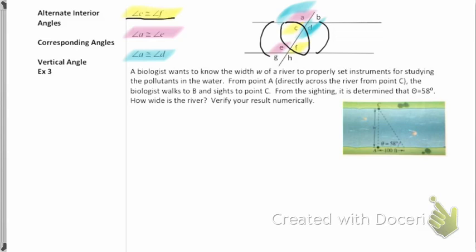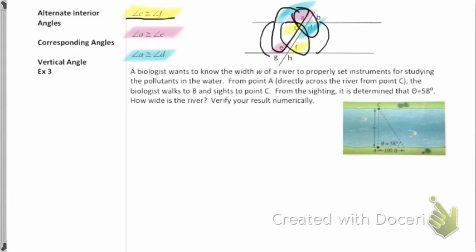Angle A is congruent to angle E. Angle A is corresponding to this angle, and corresponding angles are congruent. Angle A is congruent to angle D. These are vertical angles, and vertical angles are congruent. This should be a review, as you might have learned it in grade 2 or grade 3.